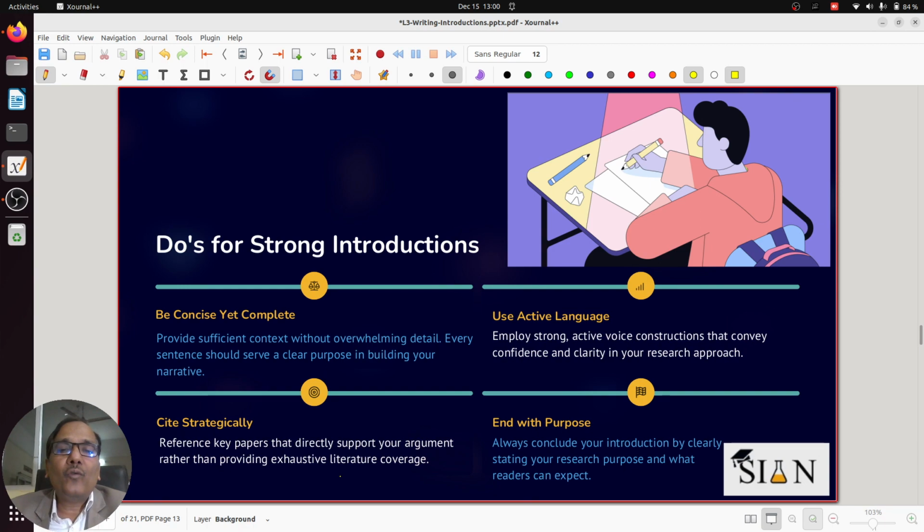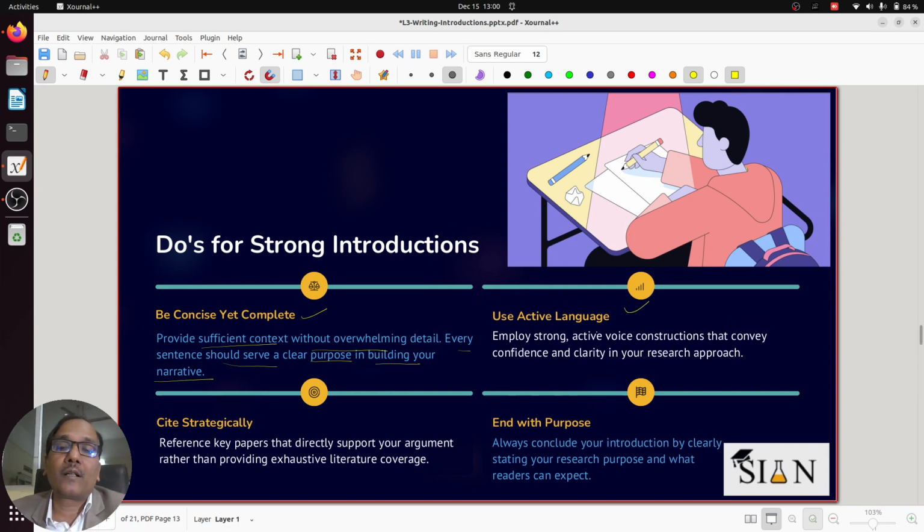So what do we have to do for a strong introduction? Be concise yet complete. Provide sufficient context without overwhelming details. Every sentence should serve a clear purpose in building your narrative. Do not write a two-page or 2.5-page introduction just filling it with garbage information. Be concise and write clearly. Use active language.